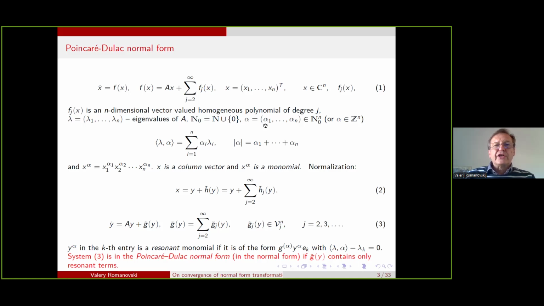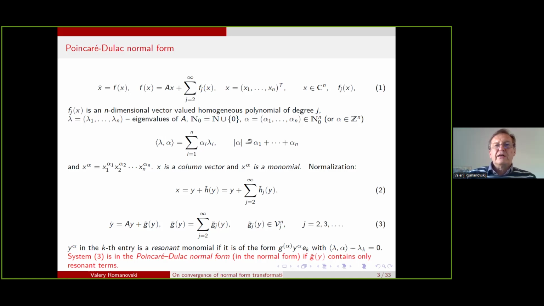N0 is the natural numbers together with 0. Alpha usually will be a vector from N0^n, or sometimes from Z^n; sometimes alpha will also have negative coordinates. Lambda alpha is the inner product, or scalar product, defined in this way.